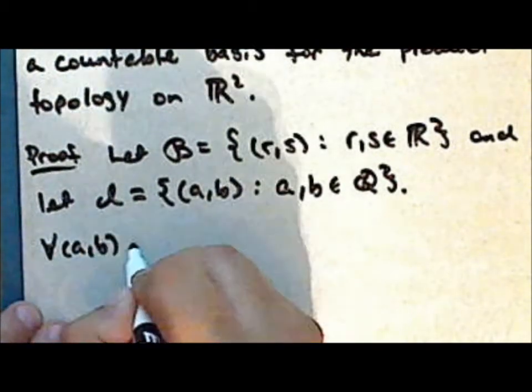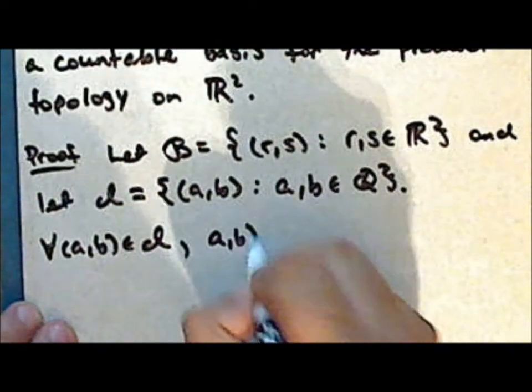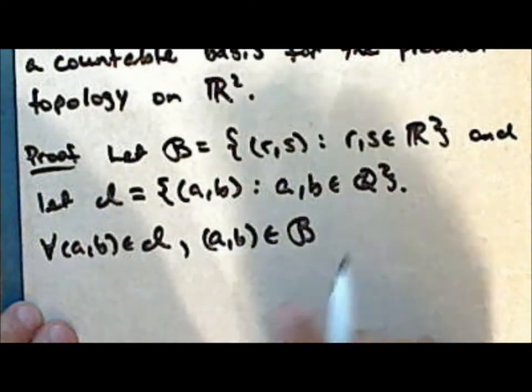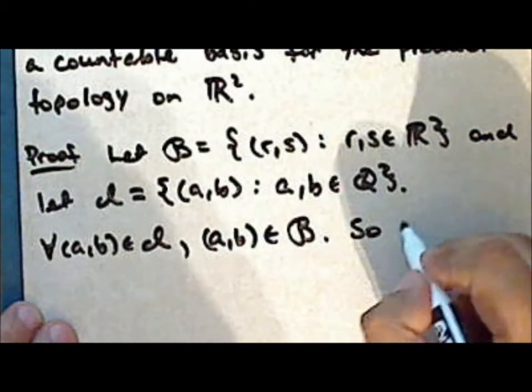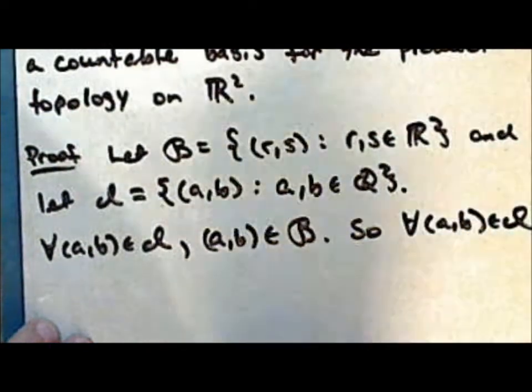Now for every open interval ab in the collection script I, that interval is in the collection script B. So every open interval in the collection script I is open in the topology generated by the collection script B.